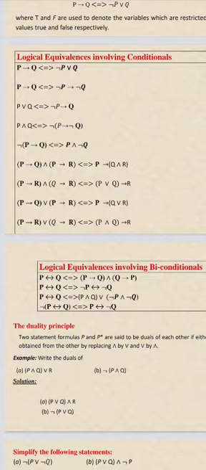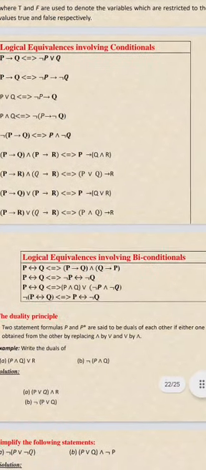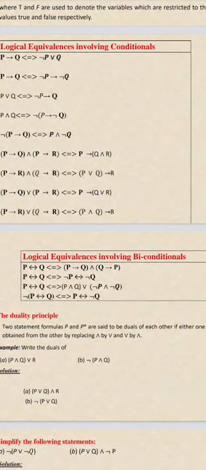These are logical equivalences involving the conditional symbols. Next are logical equivalences involving biconditionals. P if and only if Q is equivalent to (P to Q) and (Q to P).